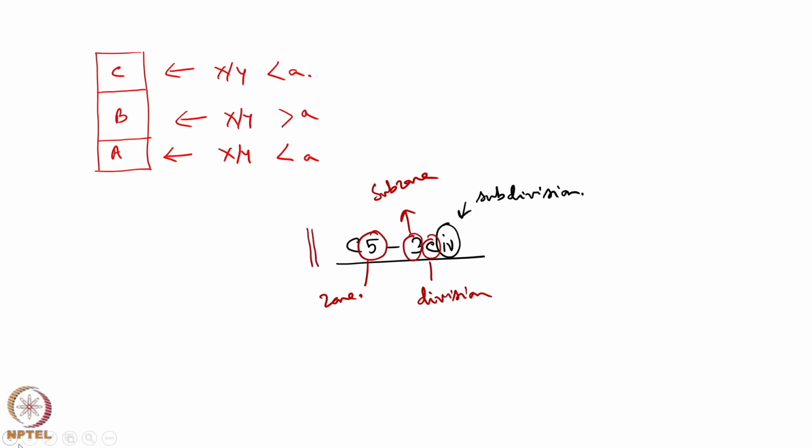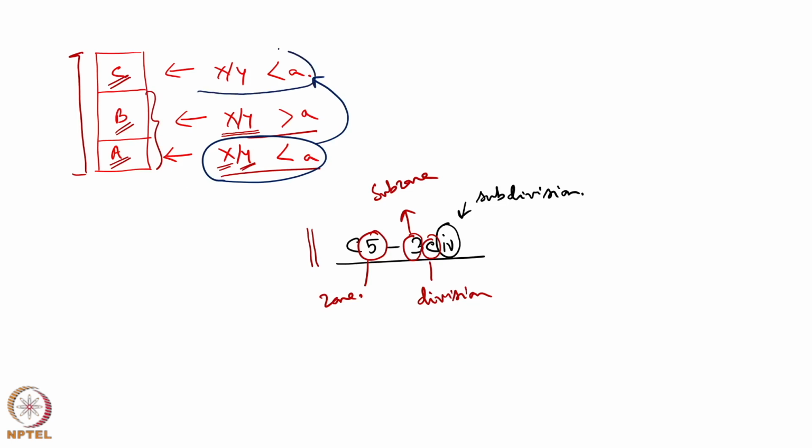Another important point is to be understood. Suppose this is a vertical rock column consisting of chemozones A, B and C. Chemozones A and B can be defined based on the elemental ratio, say X is to Y. X can be any element, Y can be any suitable element. Either it is more than A or less than A. So, in that way A and B have been defined. Now, this can be used once again: if X divided by Y is less than A, we will define a chemozone C. So, it is not that the X divided by Y ratio more than A and less than A will define only two zones; rather, using this concept we can define more than two zones also.